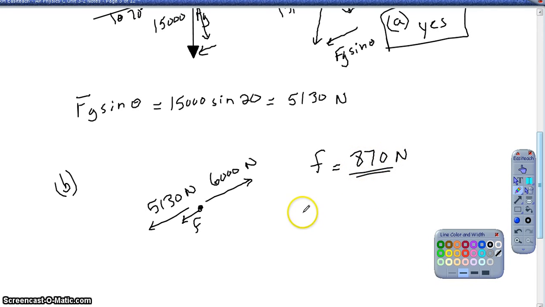But in this case, they don't just ask me for the frictional force. They ask me what's the coefficient of friction. Well, to find the coefficient of kinetic friction, I need to take my coefficient times the normal force and set it equal to 870. To find the normal force, it's just what we would normally do, no pun intended.